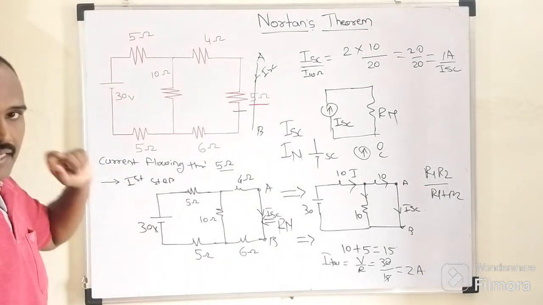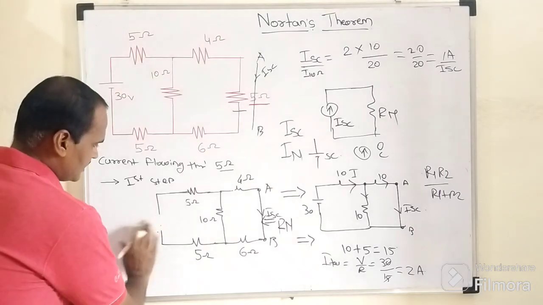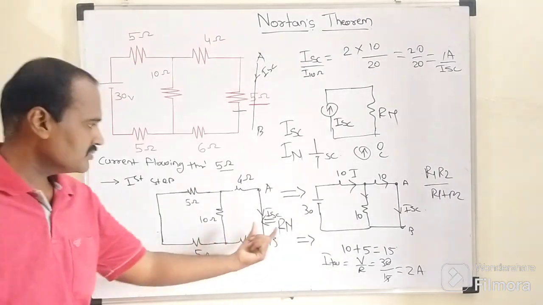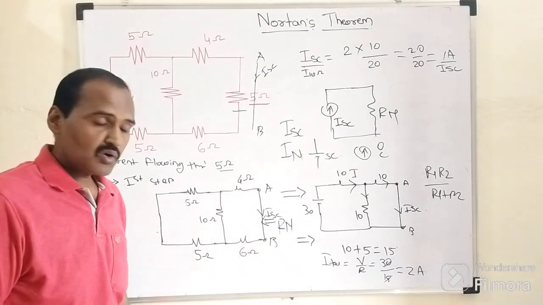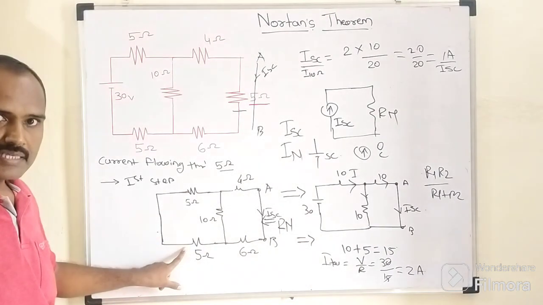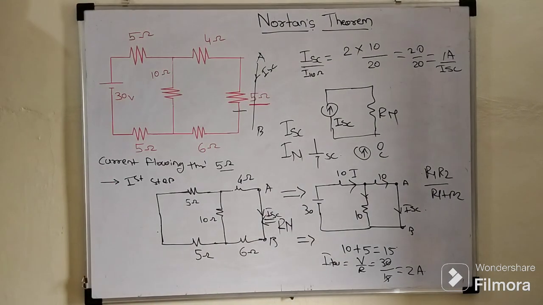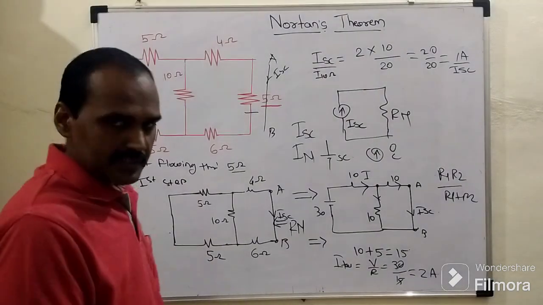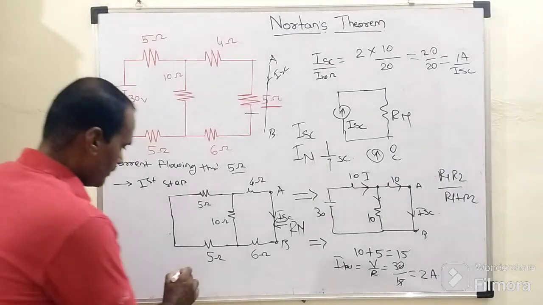As we are having only one voltage source in that network, which is of 30 volt, it is being short circuited like this. Once it is short circuited, we need to observe the resistance from this particular end. For the sake of observation, we come to the conclusion that as these two resistors are connected in series form, 5 plus 5 is 10.